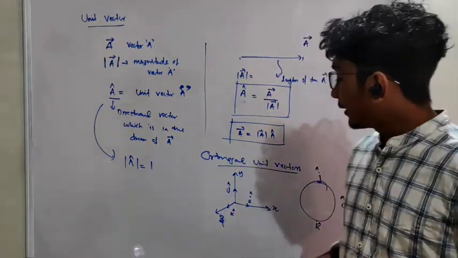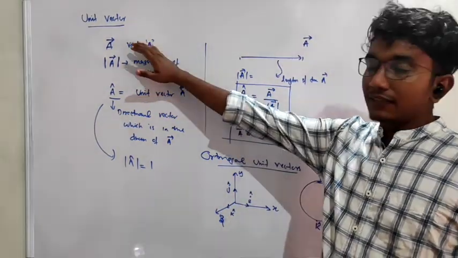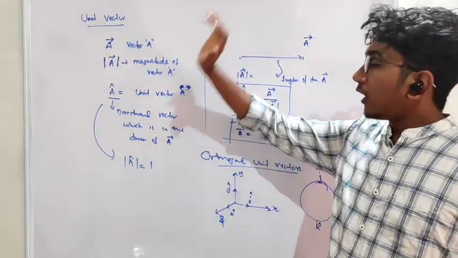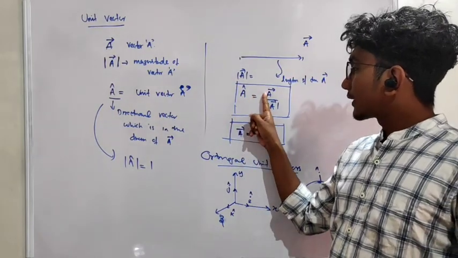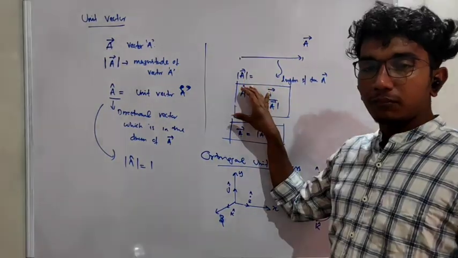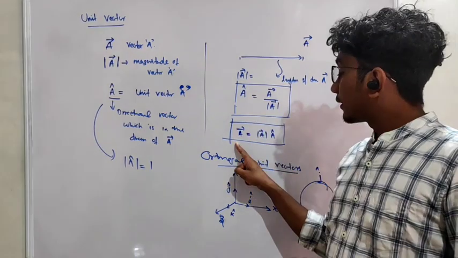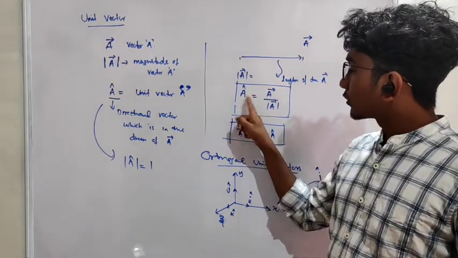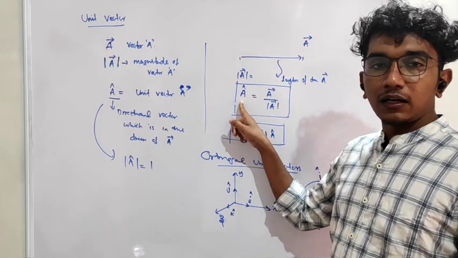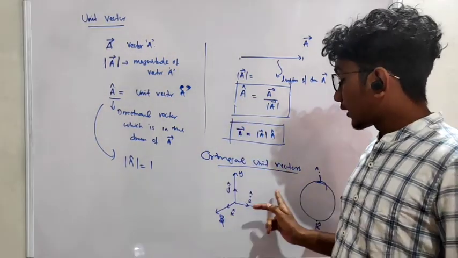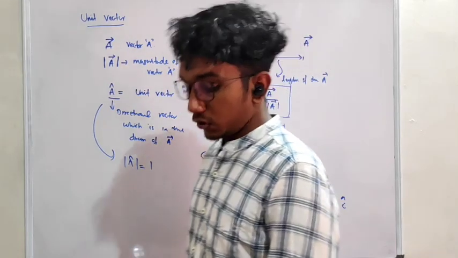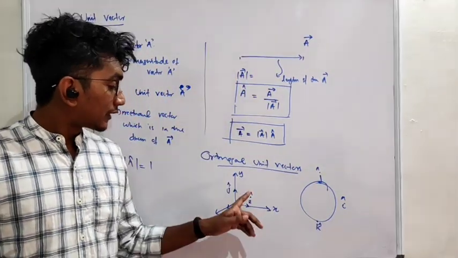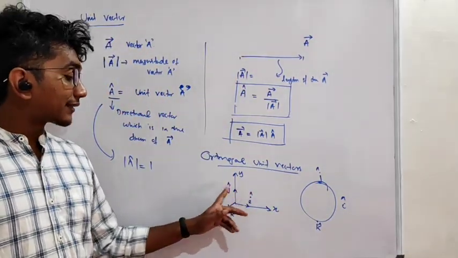So always remember what a unit vector is, and how we find the unit vector: a vector divided by its magnitude. We will solve problems using this, don't worry. From this equation, vector A is equal to modulus of vector A into unit vector A. And orthogonal unit vectors are those along the x-axis, y-axis, z-axis.